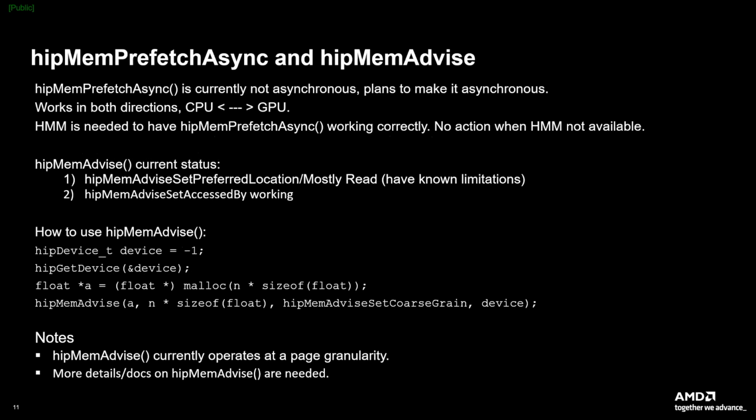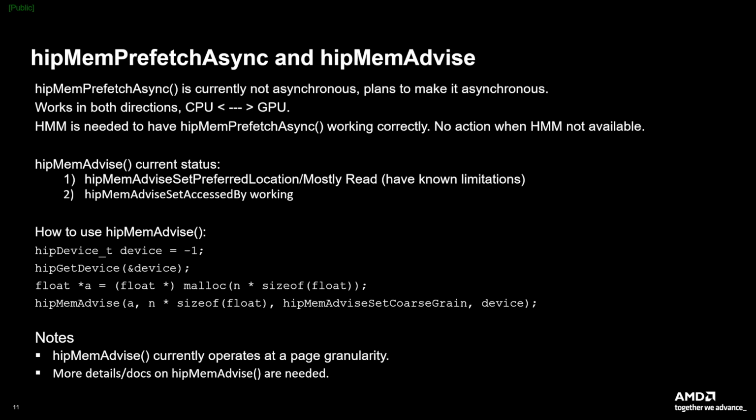You can also change the attributes of the memory with this memAdvise call. So we can set a preferred location. We can set properties to it that change how it behaves. There's still a lot of potential for changes in this call with capabilities as we get more experience with this page migration.